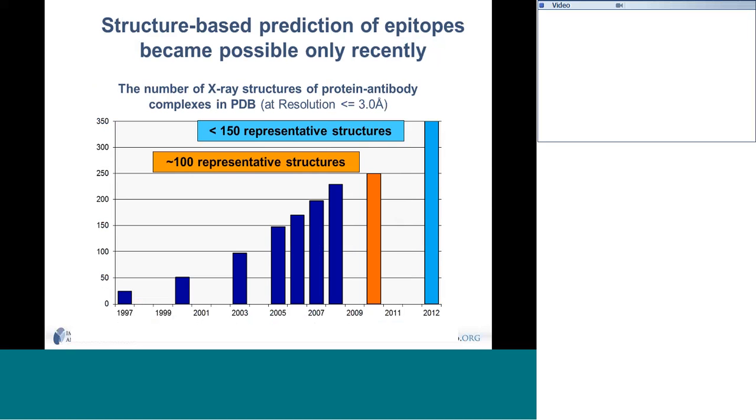And this number unfortunately doesn't grow too much, because in 2012, for example, less than 150 representative structures were in the database, and now the number is about 300, not much more than 300.